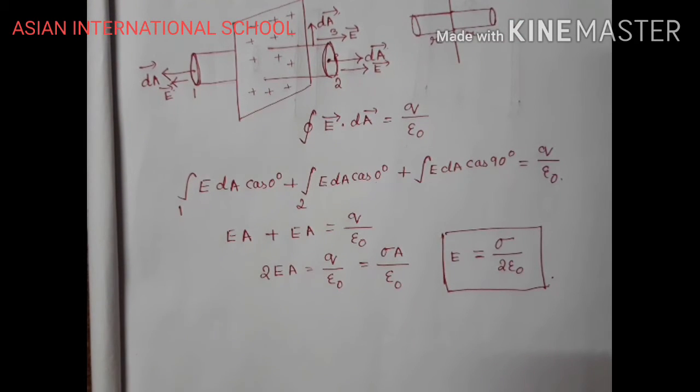Now you see, previously for an isolated positive charge, the electric field was varying with distance, as well as for an infinitely long charged conductor. For an isolated point charge, it varied as 1 by r square, and for an infinitely long conductor, it varied as 1 by r. Here, the electric field is not depending on the distance.